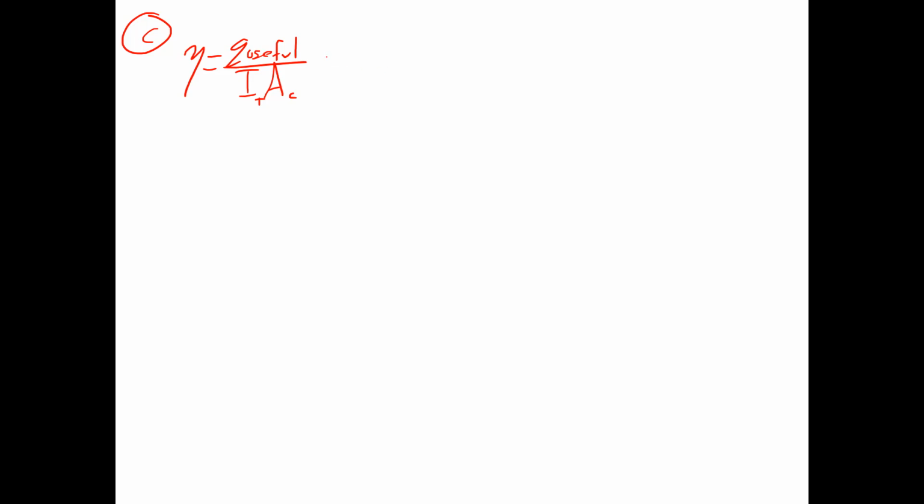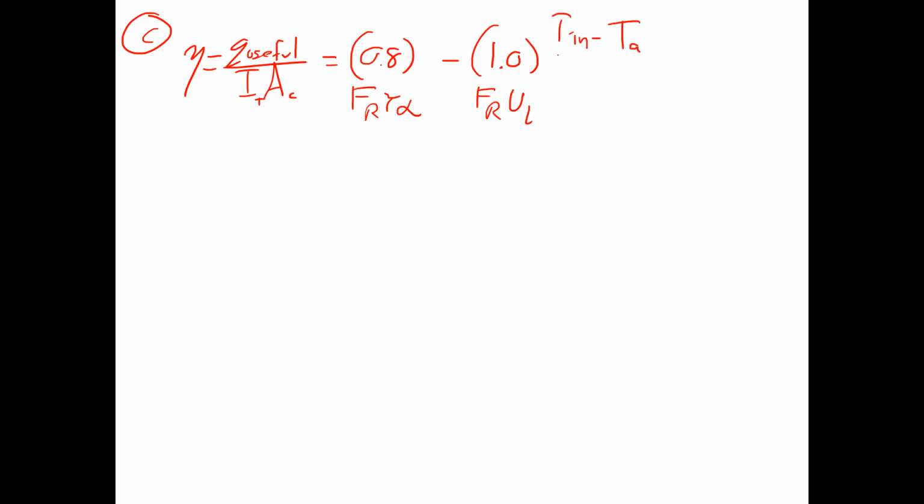If we pull all that together, we have our intercept 0.8. We take the intercept and subtract out the slope multiplied by T in minus T ambient over the irradiation.